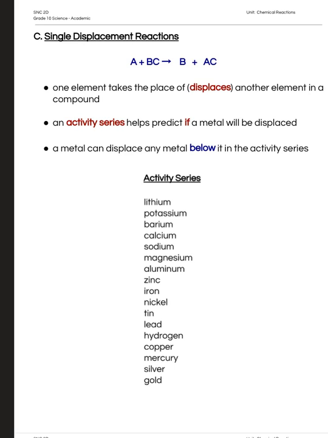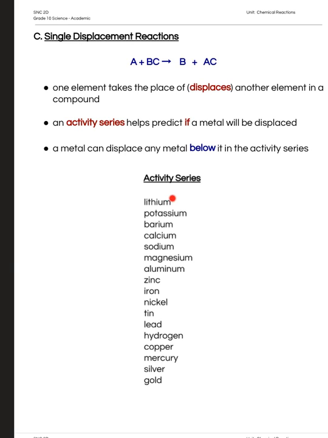They displace one another. We need to use an activity series to help us tell if a metal is going to switch with another metal. A metal can switch with any other metal as long as it is below that metal in the activity series. So a metal can displace any metal below it in the activity series.